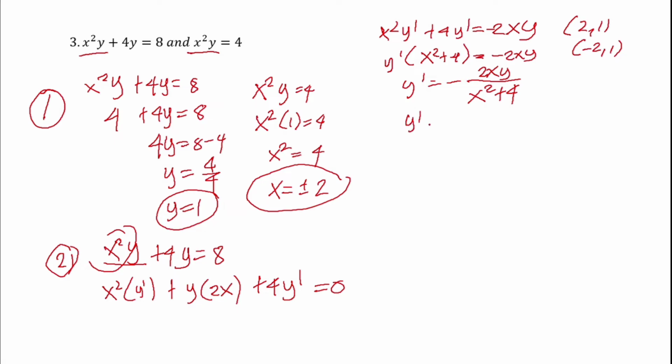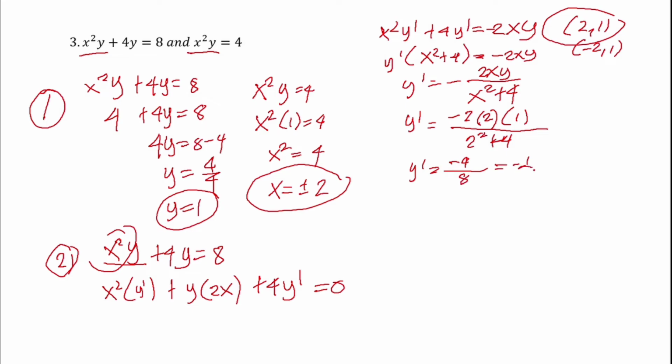So y prime is equal to negative 2 times x, first the positive one, times 1, over 2 squared plus 4. If we substitute, y prime is negative 4 over 8, that is negative 1 half.